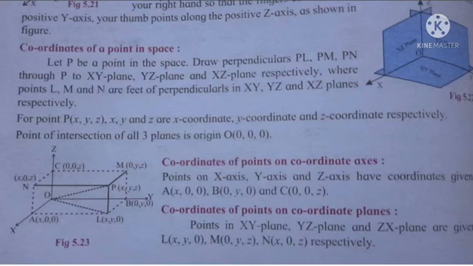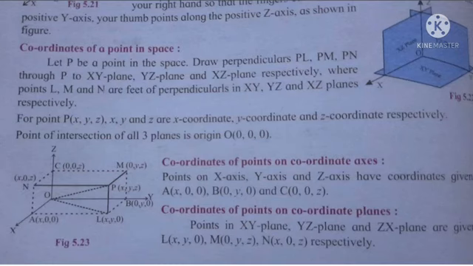Let P be a point in the space. Draw perpendiculars PL, PM and PN through point P to the XY plane, YZ plane and XZ plane, where the points L, M and N are the feet of the perpendiculars. So we get the coordinates of that point P.